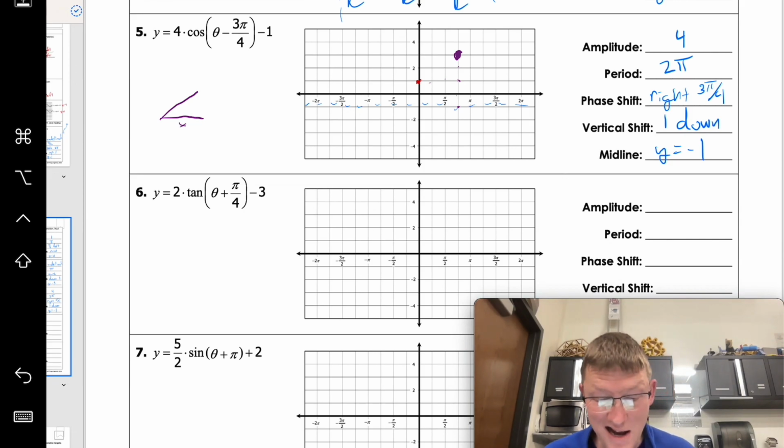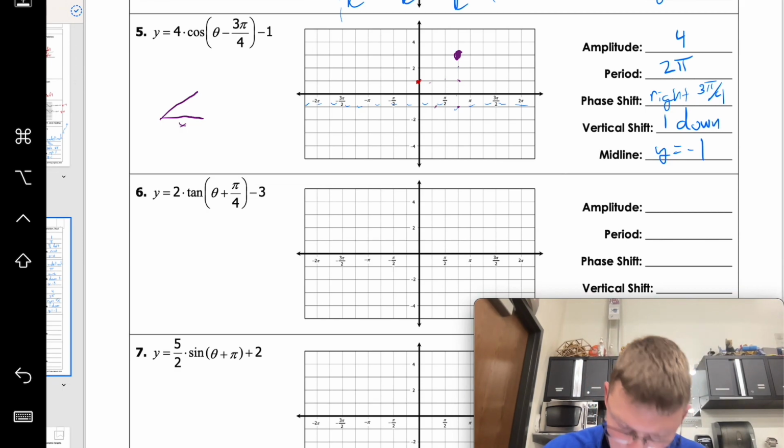So cosine of 90 is when it crosses the 0 axis normally, but cosine of 90 plus all of our transformations is where it's going to cross this line. And then from there, I should be able to draw it. So cosine of pi over 2 would be right there normally, but we have a phase shift to the right, 3 pi over 4.